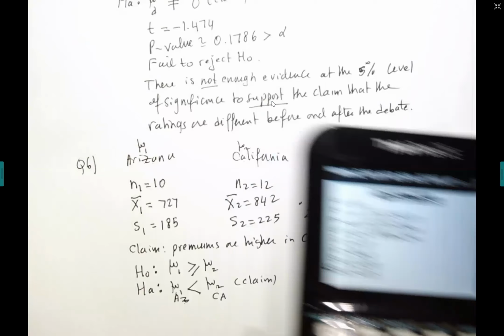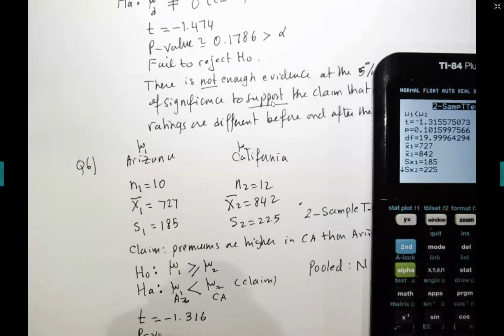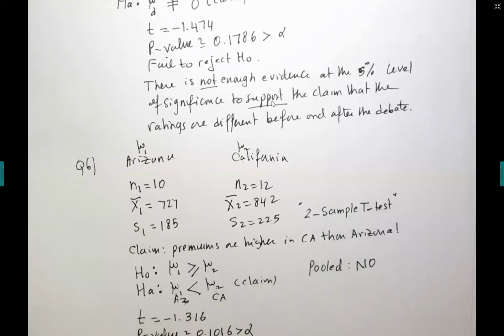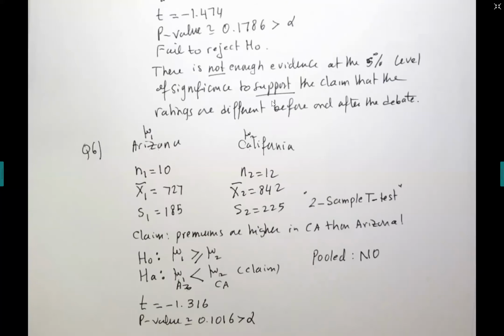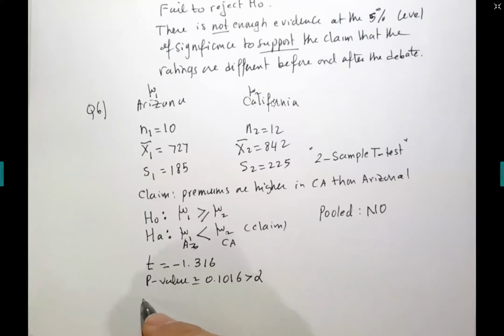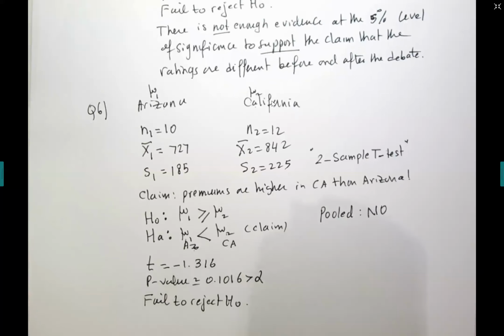Okay. So let me write it down. Which is bigger than alpha, guys. Oh, we haven't rejected H0 today, if you notice. So fail to reject H0. And our claim is in HA.